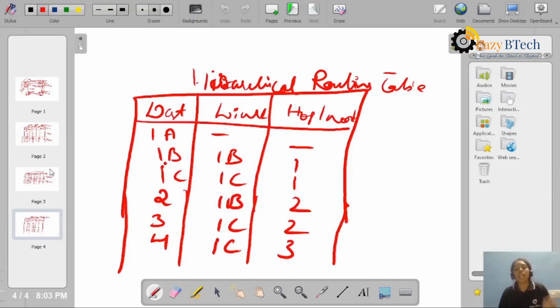That will act as the shortest path to deliver our packet from one region to another region, and this is the final routing table. So it reduces the network traffic, and we can deliver the packet in the network very efficiently. This routing table handles this type of problem, and this is about the hierarchical routing table.